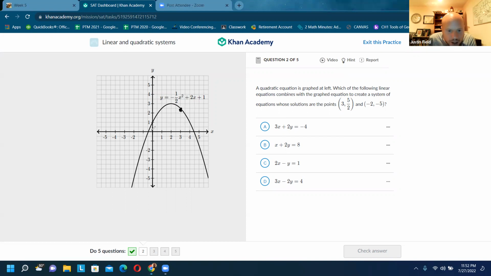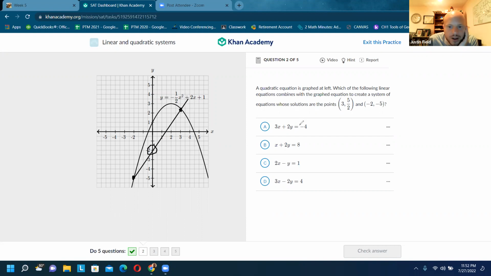And -2, -5 down here. And I'm just going to use my line tool. Why am I using this method? Because I think it's efficient. So the y-intercept is -2. And the slope, let's see if I even need to find the slope. See if I can get it with that y-intercept being -2.